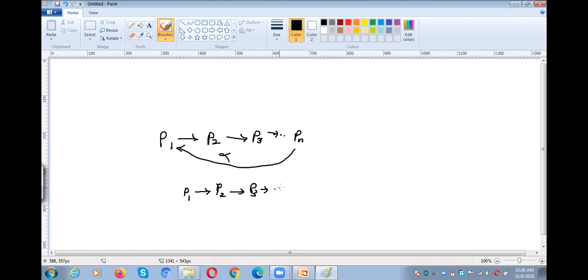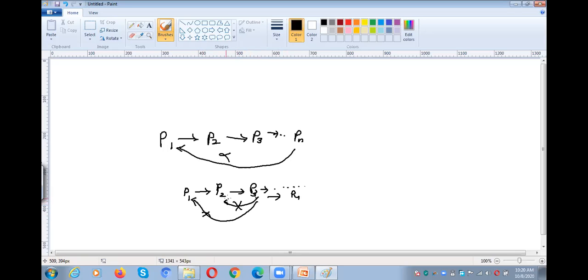Likewise, every time the process is requesting or waiting for the resource which is available in another process in a forward direction. That means P3 needs to wait for P4 only. It should not go for P2, or it should not go for P1.